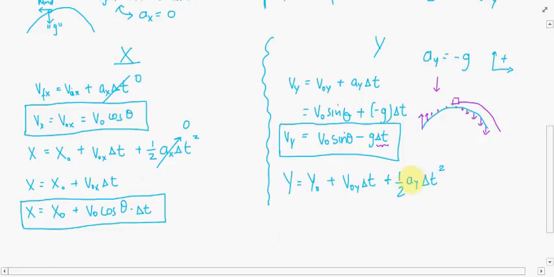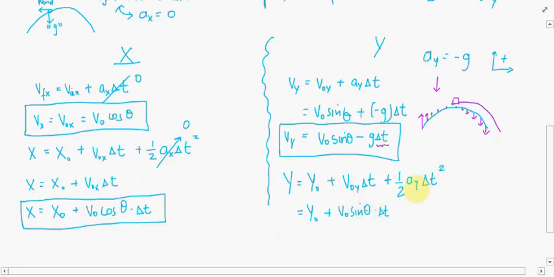Okay, so this time acceleration in the y direction, unlike acceleration in the x direction, is still negative g. So this becomes position in the y direction plus v sub naught y, which we said was v sub naught sine theta, so we'll replace that in there, times this change in time.